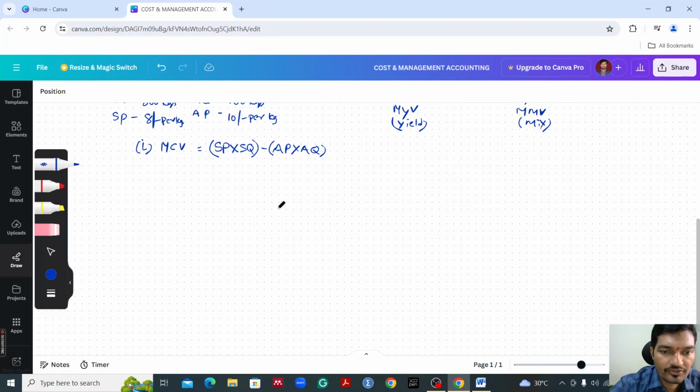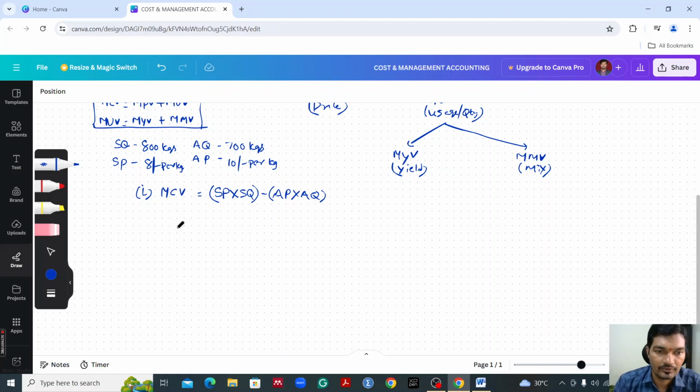Then substitute the values in the formula to find out the material cost variance. The standard price 8 into the standard quantity 800 kgs minus the actual price 10 rupees per kg into the actual quantity 700. Multiplying, we get 6400 and 7000.